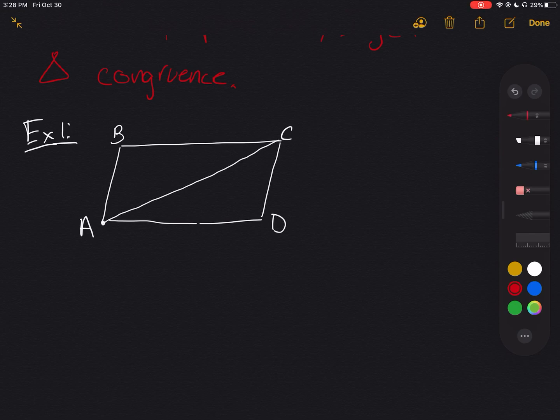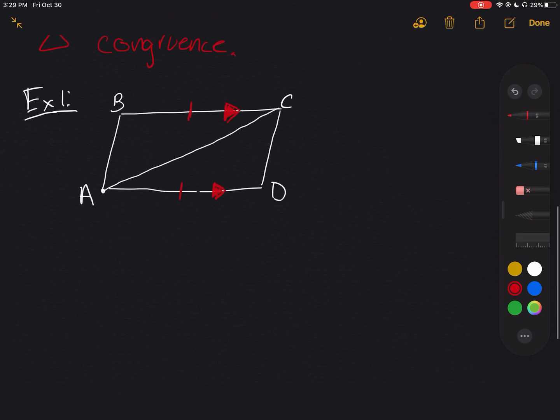The first is that BC is congruent to DA, and the second is that BC and DA are parallel lines, which is indicated by these arrows.